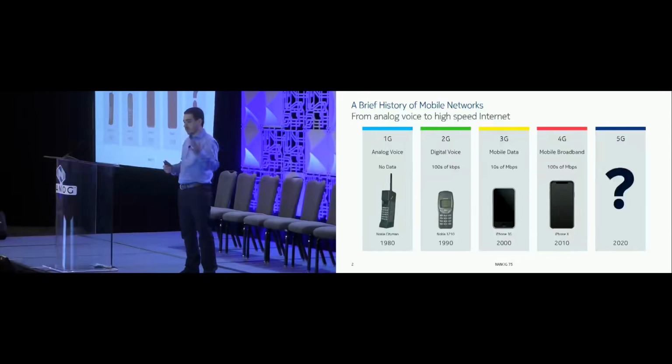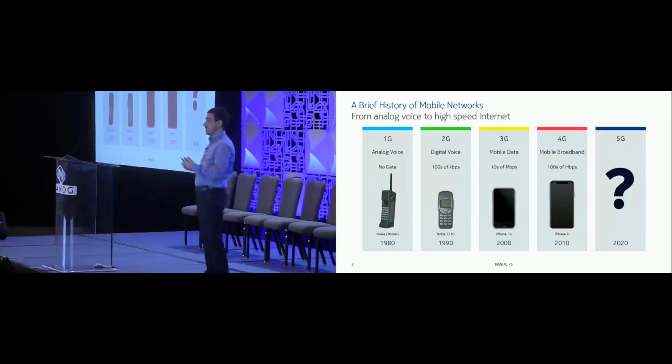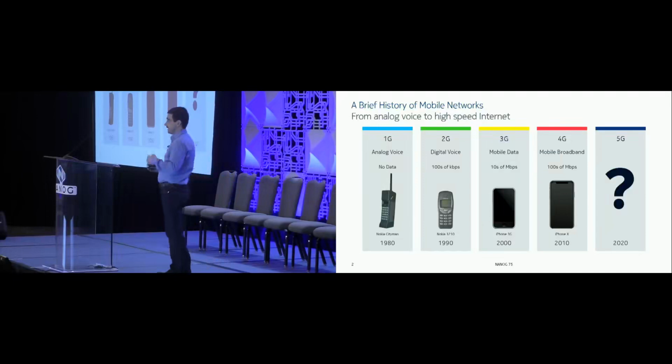And then we went through the different generations. 2G was all about digitizing the radio interface, so digital voice. It was actually the first time we got some data capabilities on mobile networks. Then 3G basically enhanced those data capabilities, with the iPhone as the flagship cell phone of that generation.